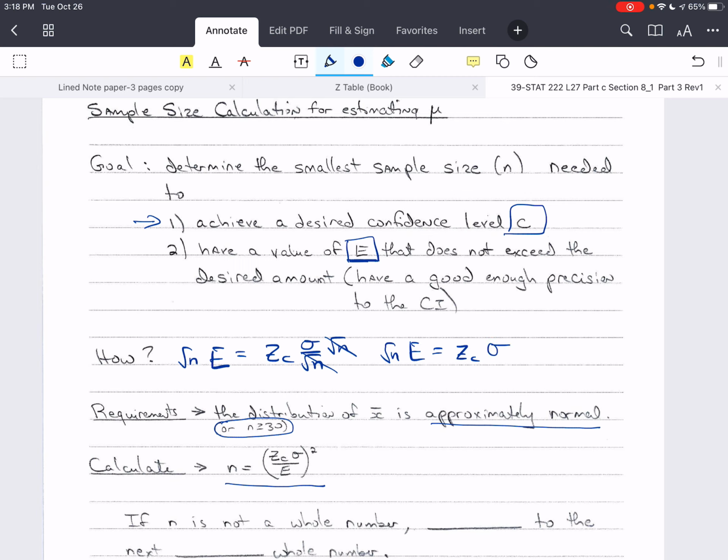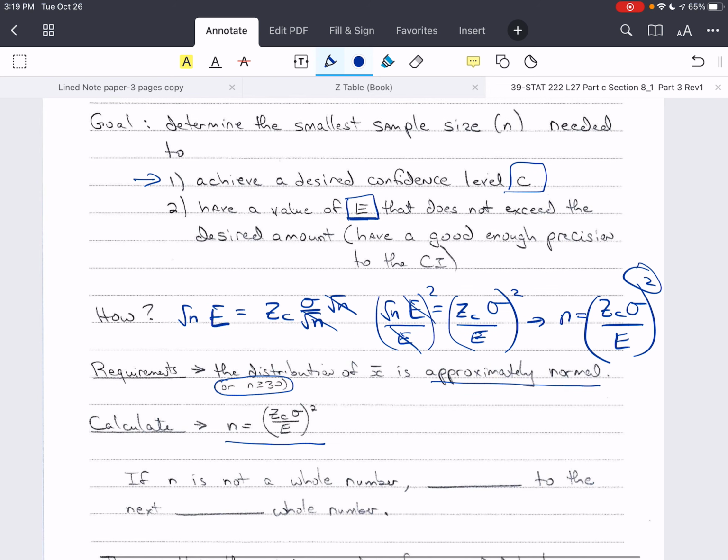And we want to isolate N, so we divide both sides by E. And so the E cancels out on this side. And then we need to square both sides so that we get N instead of the square root of N. So this gives us N is equal to Z sub C sigma over E, quantity squared. Please don't forget to square the value. That's a common mistake students make.